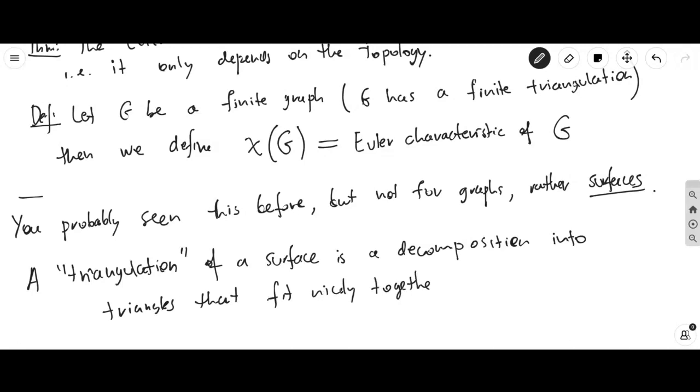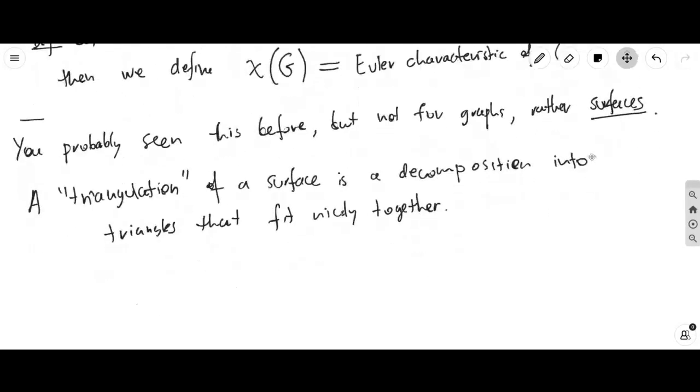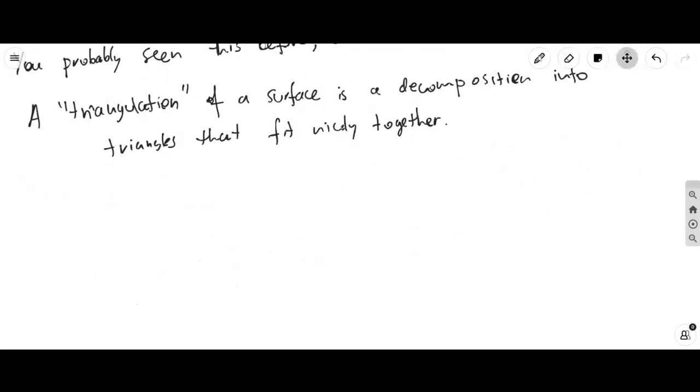This is not a formal definition, and I do not want to give a formal definition, because later in the semester we will talk about triangulations of topological spaces in general, not just surfaces. If you do not know the formal definition of the surface, that's okay. I just want to present this as something you might have seen before, and then when it becomes appropriate later on in the semester, we'll give a more rigorous definition. At this time, I just want to show the connection to Euler characteristic of surfaces.